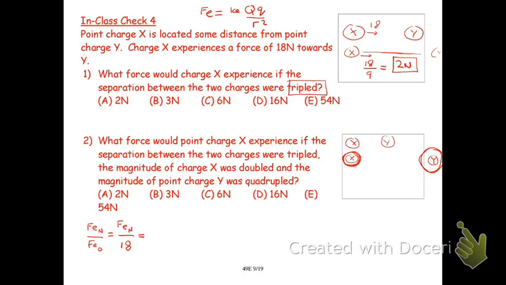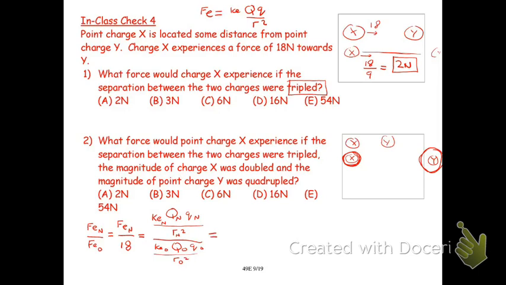And now we say this equals Ke new, though you can't really change Ke because it's a constant, over the new big charge times the new little charge over the new separation squared, divided by Ke old, the old big charge, the old little charge over the old separation squared.